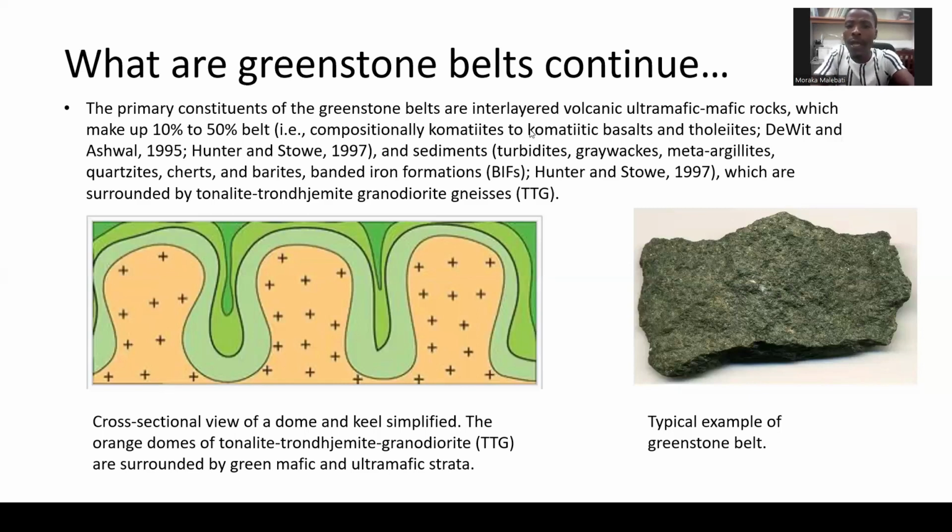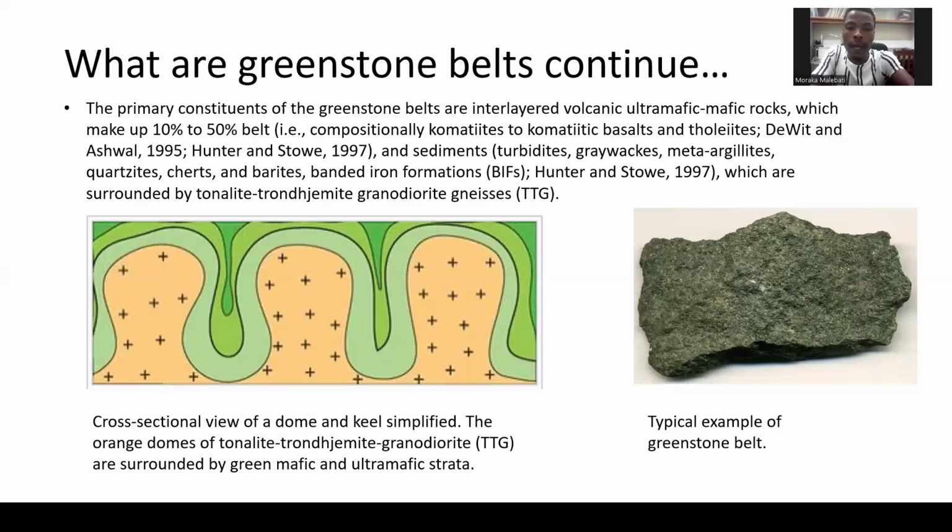But now these mafic to ultramafic rocks, especially komatiite, we expect them to be associated with the Onverwacht Group of the Barberton Supergroup.